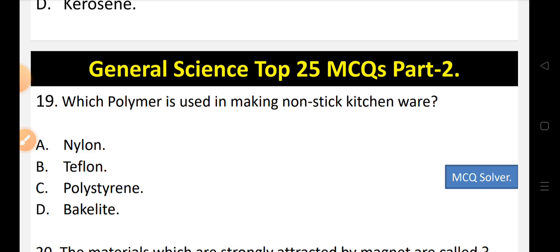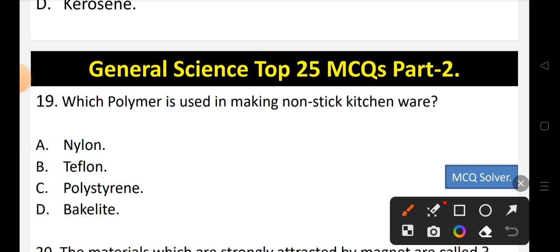Option A nylon, option B Teflon, option C polystyrene, or option D bakelite. So the non-sticky kitchen utensils are made up of, the correct option is option B, that is it is made up of Teflon. So B is the correct option.